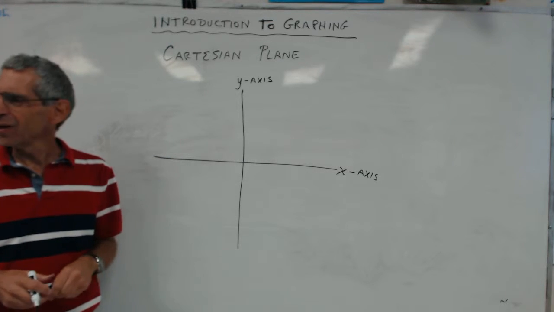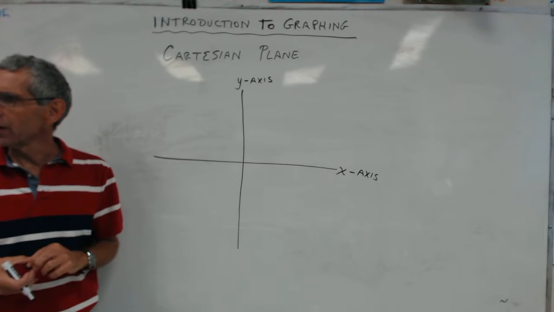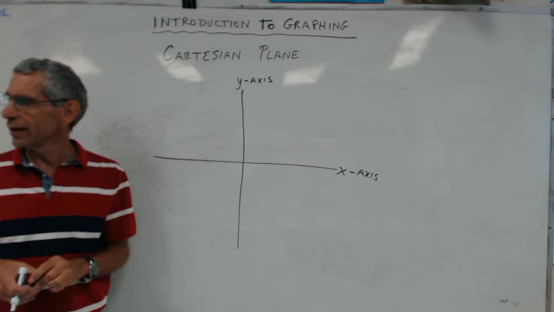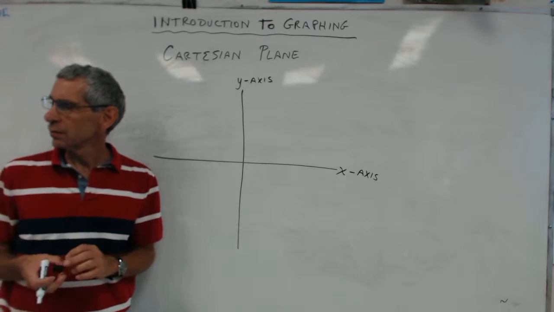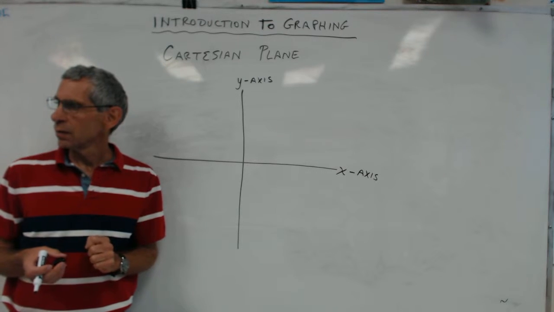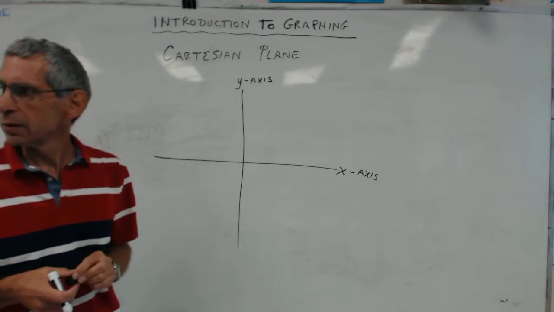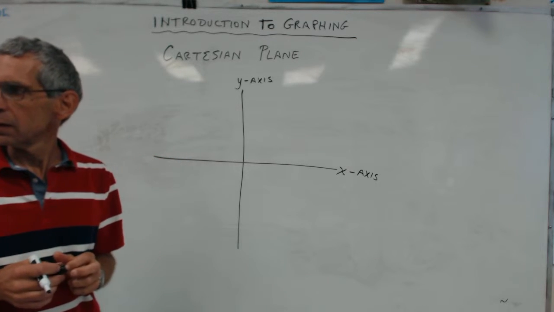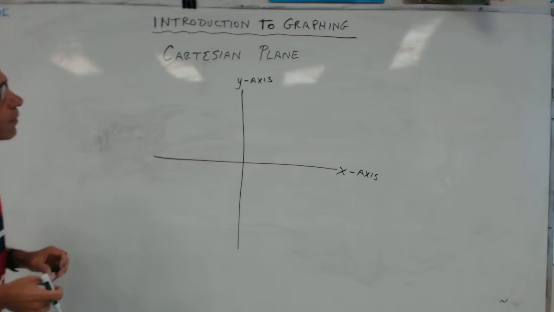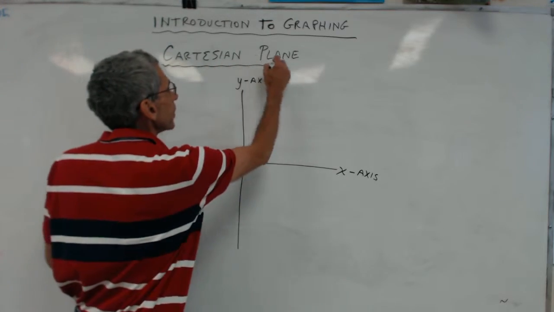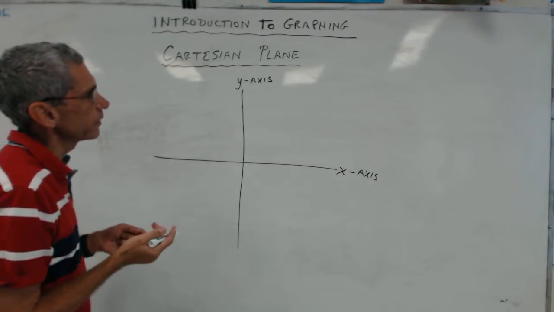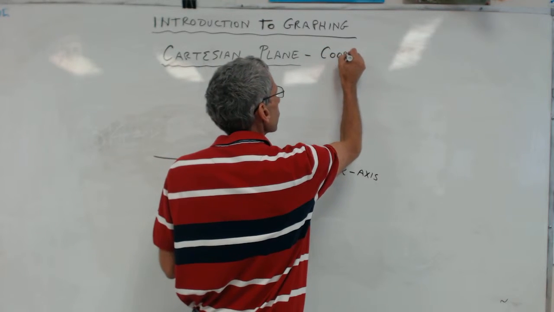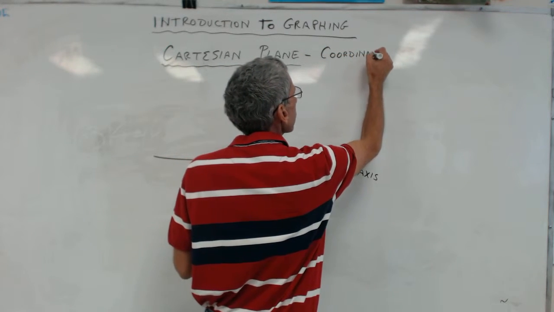You would use it if you were talking about a lot of different graphs that have y-axes, or trying to compare them, like those graphs where there's a blue on this side and a red on this side, and they're 2 different y-axes. Some people also call the Cartesian plane the coordinate plane. Cartesian sounds better.